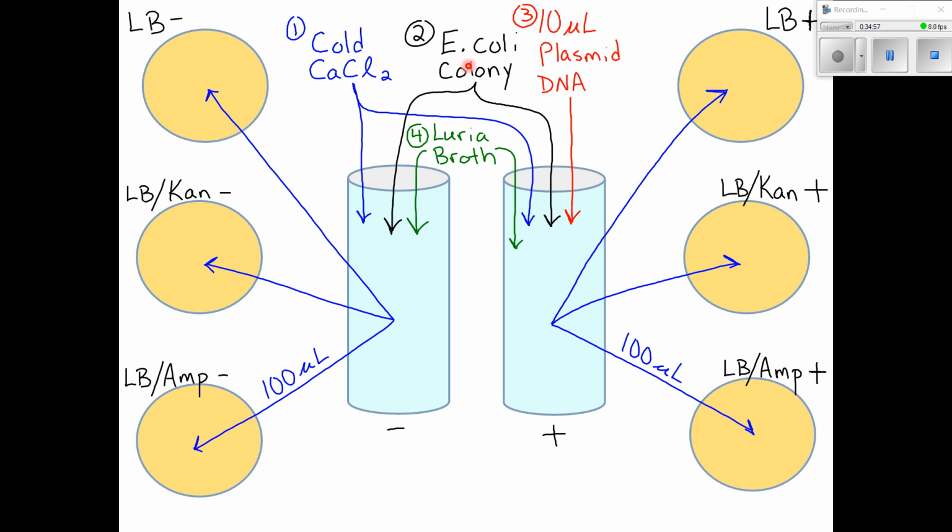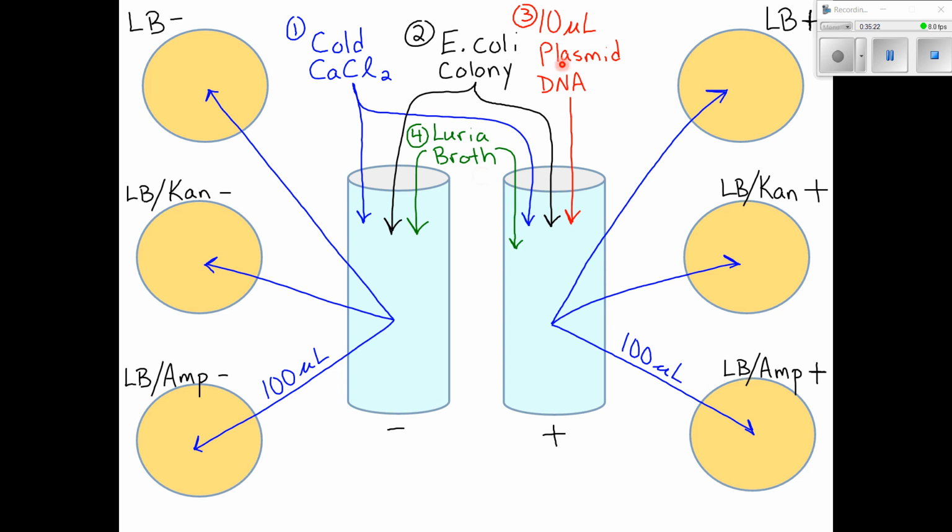You're going to put a small clump of E. coli bacteria into each test tube and mix that with the calcium chloride. So now you've got millions of bacteria floating around in this liquid. You're eventually going to add some luria broth, which is the nutrient solution that keeps the bacteria alive, keeps them happy.